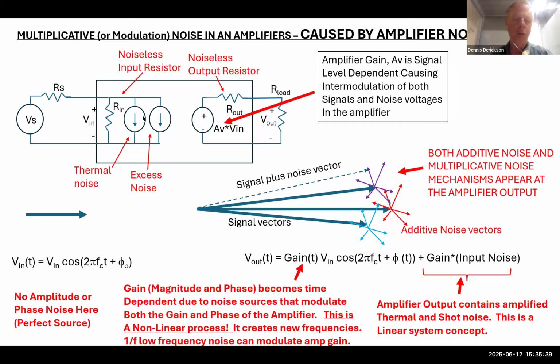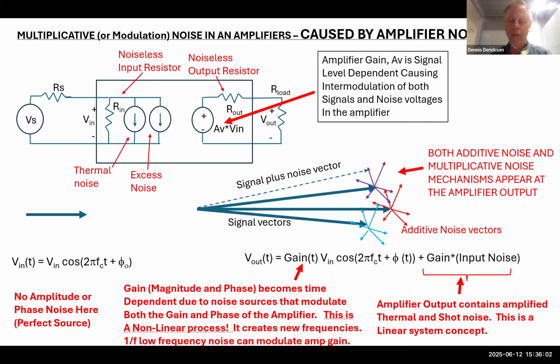So noise with nonlinearities, essentially AM to AM, AM to PM kinds of conversions, will cause the gain of the amplifier to be time dependent. Previously, we just thought of the noise as adding on, additive noise. But with nonlinearities, we get the gain being noise dependent.